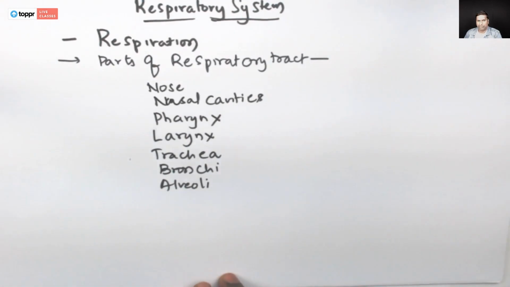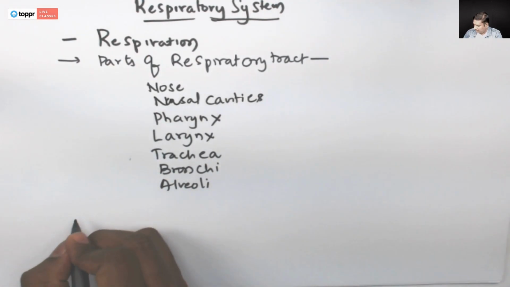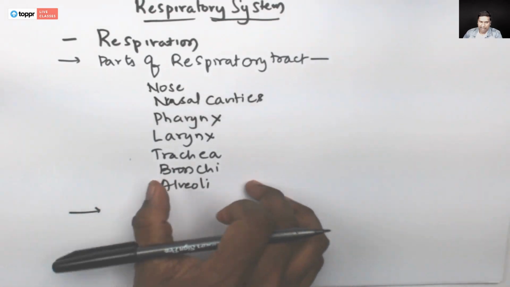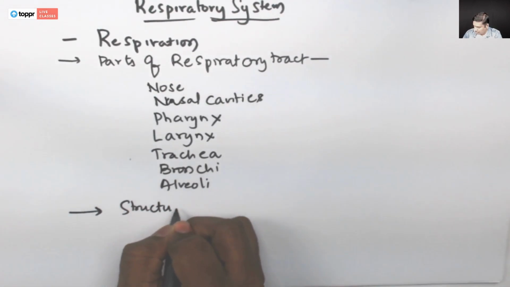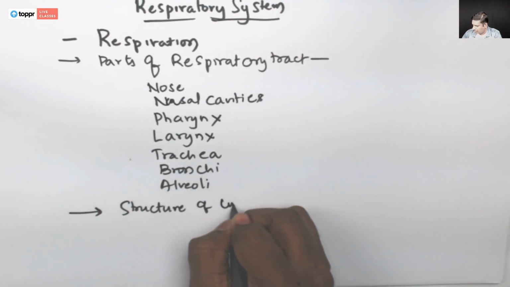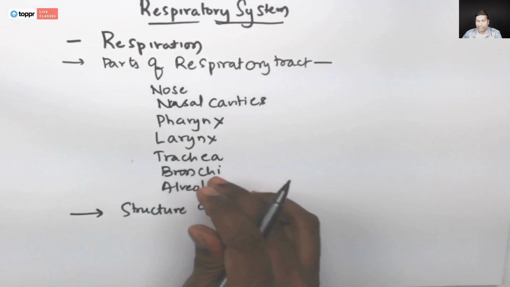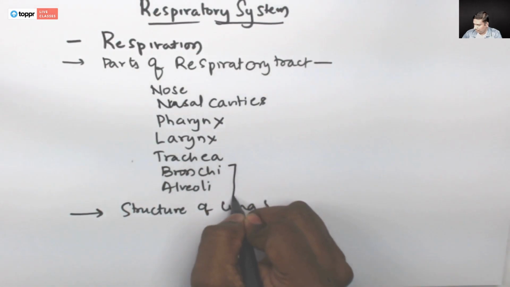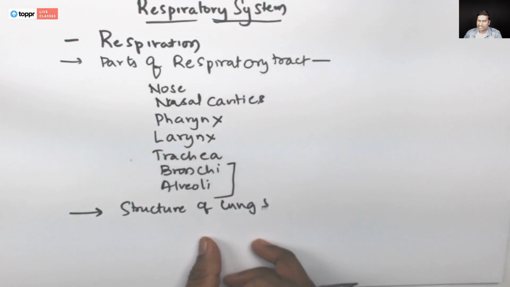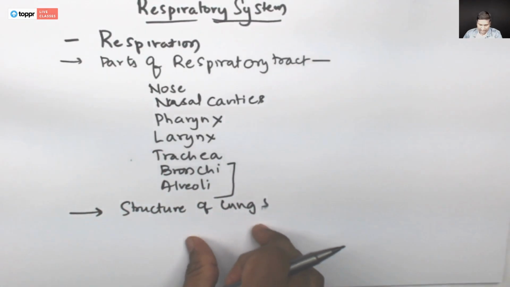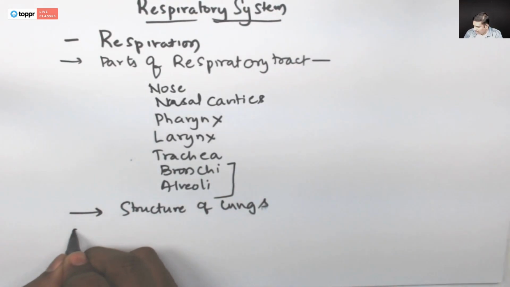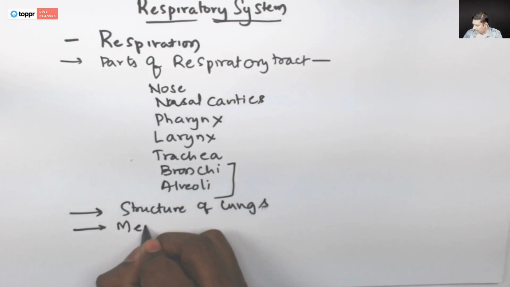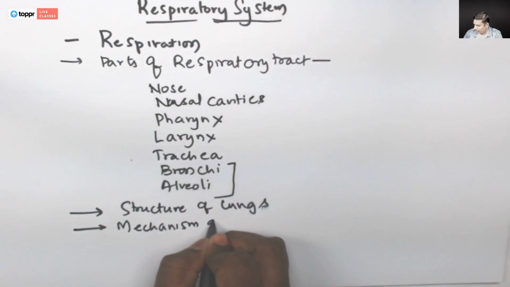Okay, so we'll discuss all these components in detail, and then we'll move on to the structure and location of the lungs. Of course, some of these are actually components of the lungs itself, so these two are actually part of the lung tissue. We'll get to that in a minute, and then finally we'll discuss the mechanism of breathing.